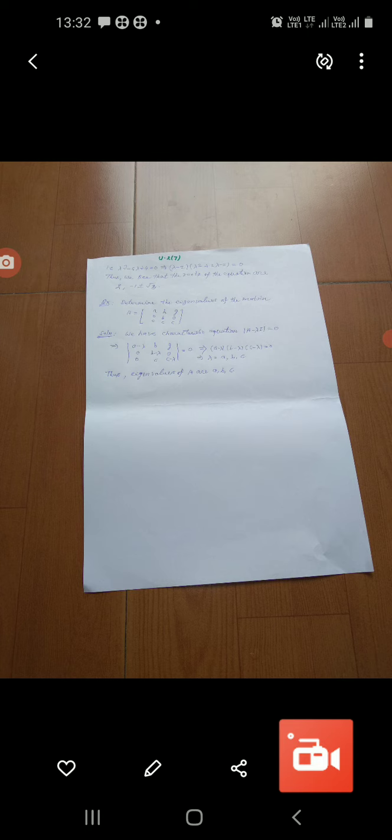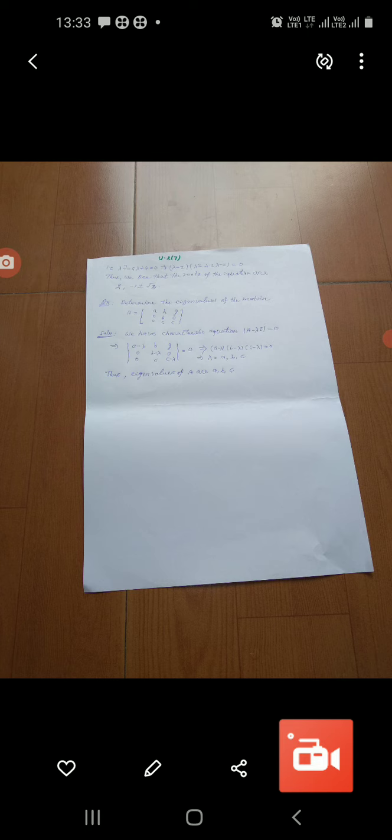Now the next example: determine the eigenvalues of the matrix A, which is equal to, in the first row, a h g, in the second row 0 b 0, and in the third row 0 c c. So you have to find the characteristic equation. This is equal to determinant of A minus λI equal to 0.